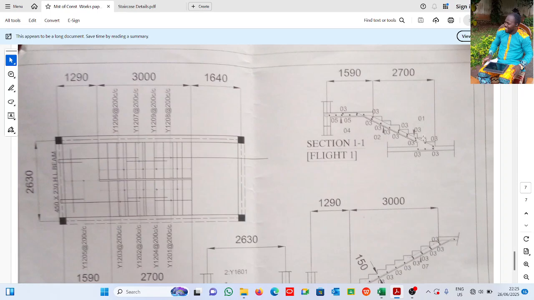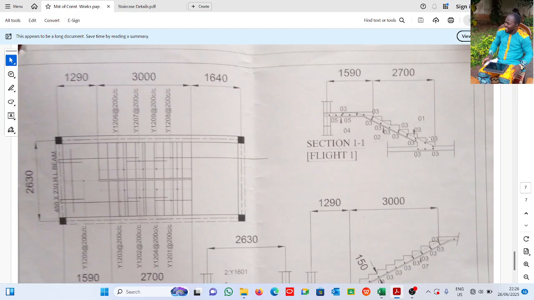1, 2, 3, 4, 5, 6, 7. It is 7. And we are told that each tread is 300. Because this one cannot be 300, this one will be 120 or 150. They have to be the same thing. Now it is 300.